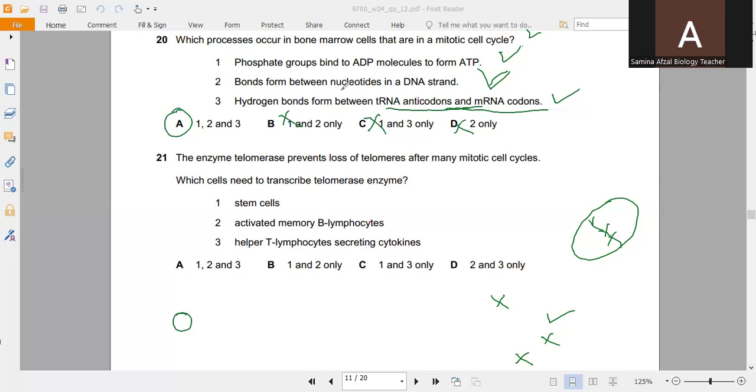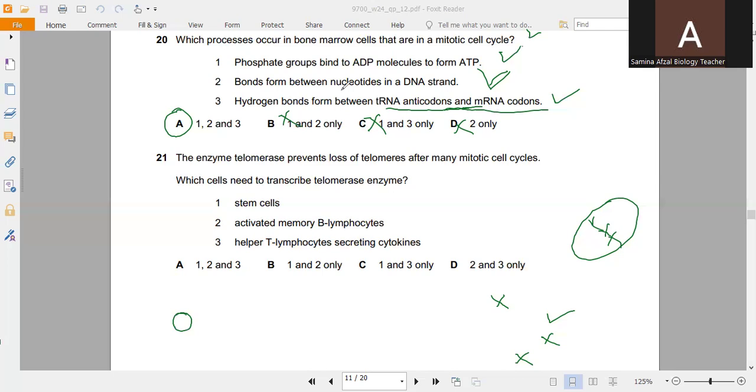The enzyme telomerase prevents loss of telomeres after many mitotic cell cycles. Which cells need to transcribe the telomerase enzyme? Stem cells. What are stem cells?